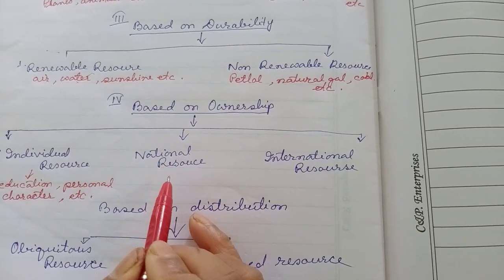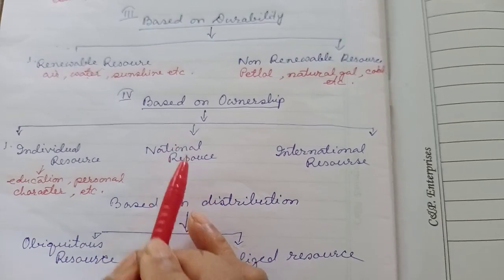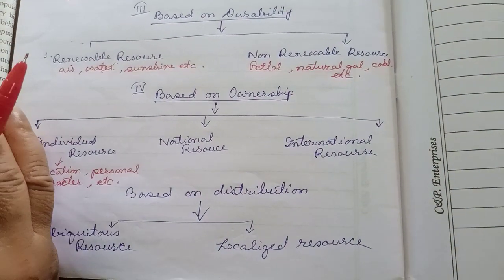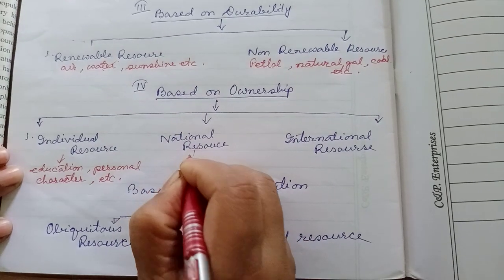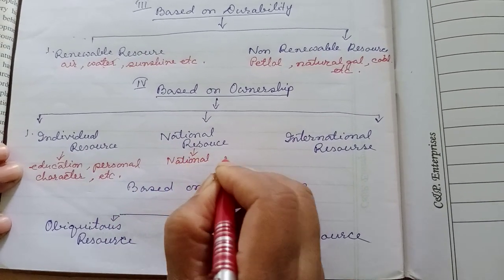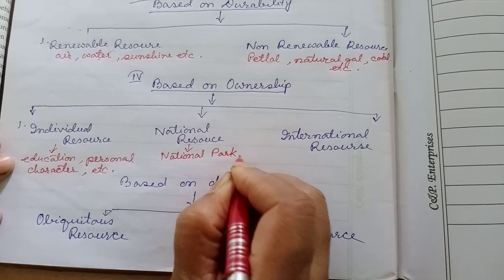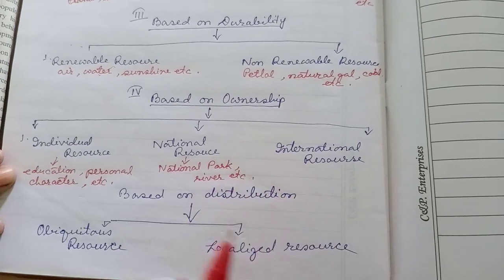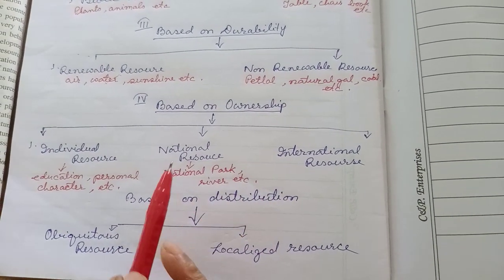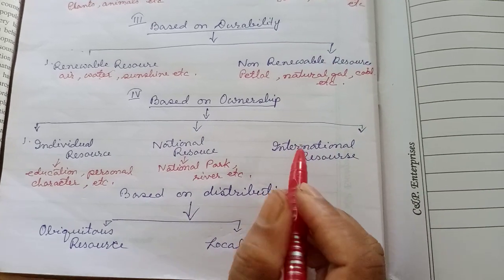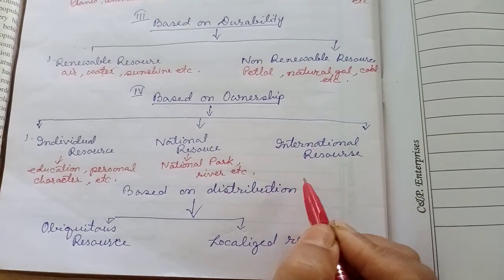And the second one is national resource. National resources are those things which are under the possession of a country, like national park, river, etc. These things are looked after by a country. And now come to the point, international resource.